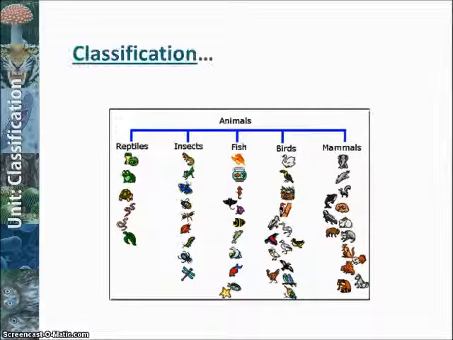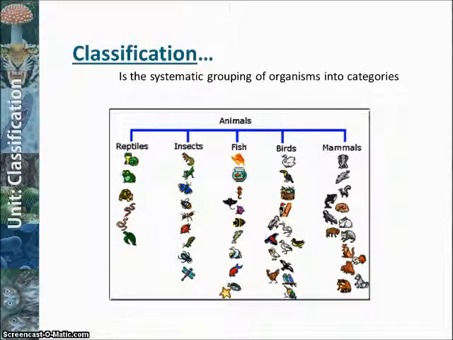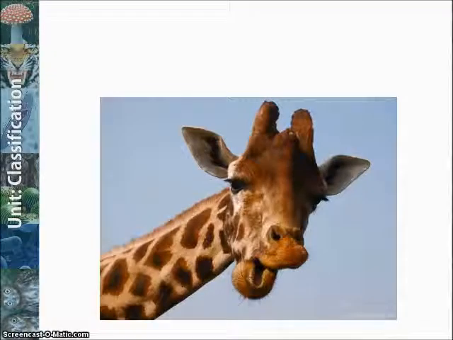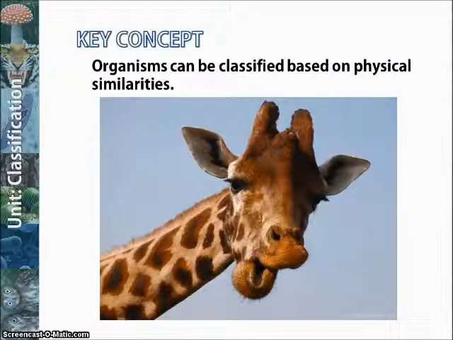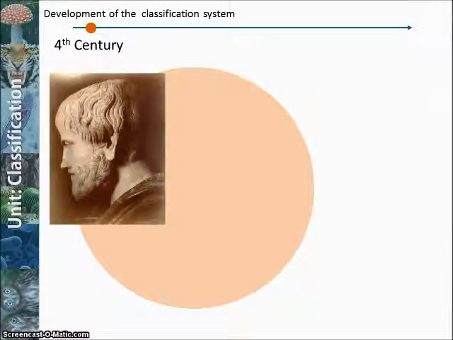In other words, classification is simply the systematic grouping of organisms into categories. And a key concept in classification is that organisms can be classified based on their physical similarities. However, it was not always done this way. According to the textbook, long ago in the 4th century, Aristotle was the first person to classify animals.